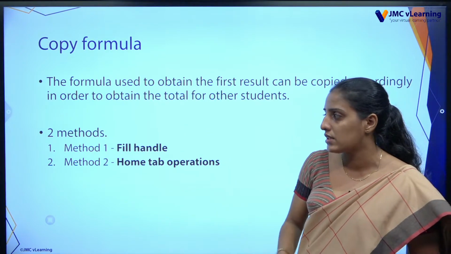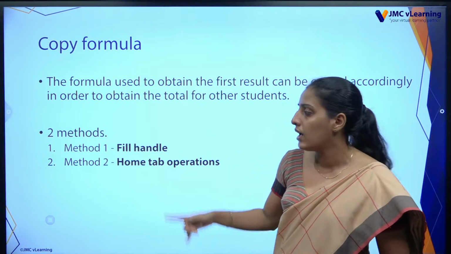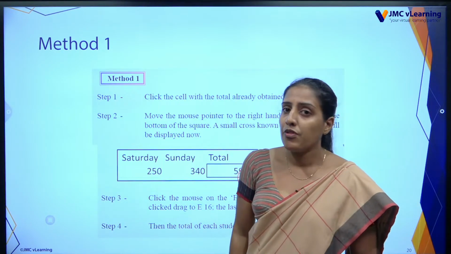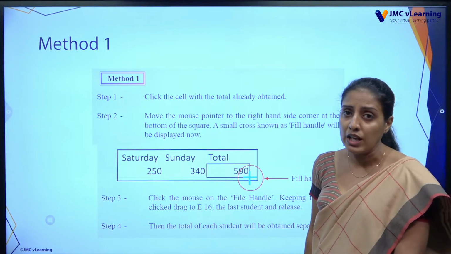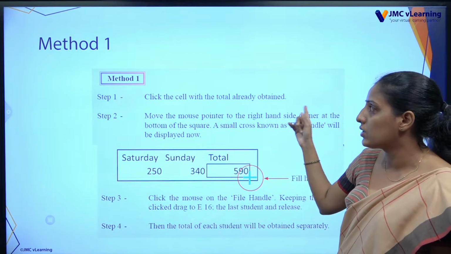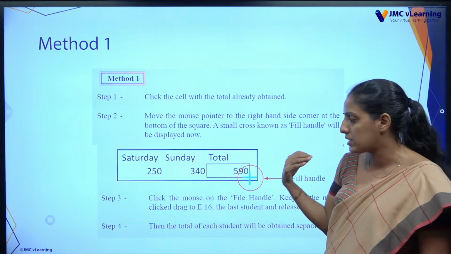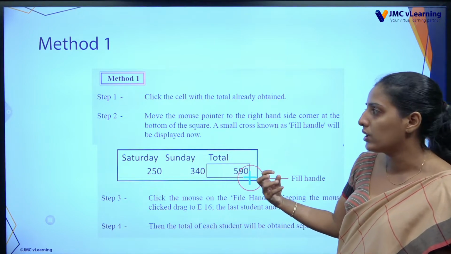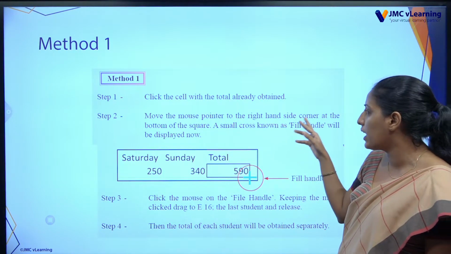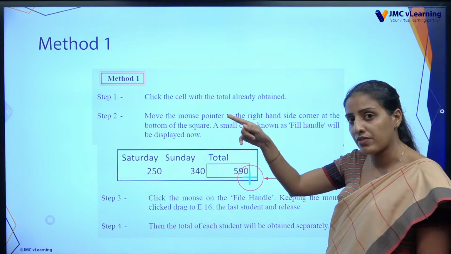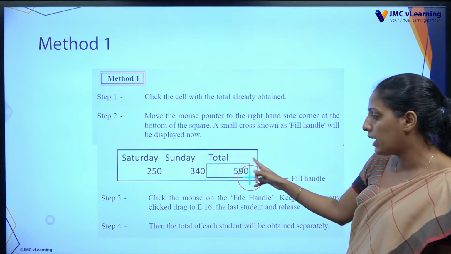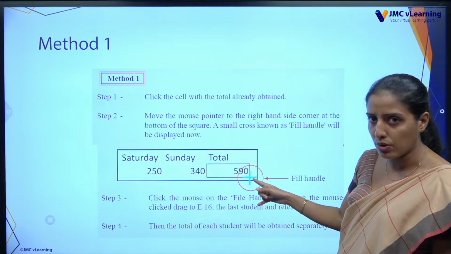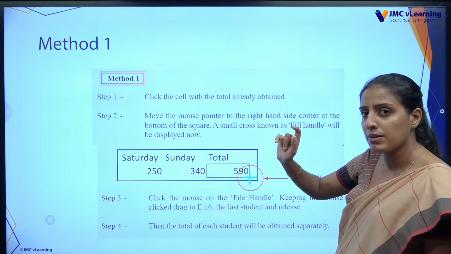There are two methods. Method 1 is fill handle, second method is home tab operations. In the first method, that is fill handle, click the cell with the total already obtained, that is the first cell. In the first cell we have taken the 590 as the first amount. Move the mouse pointer to the right hand side corner at the bottom of the square, as we did previously for the numbers.